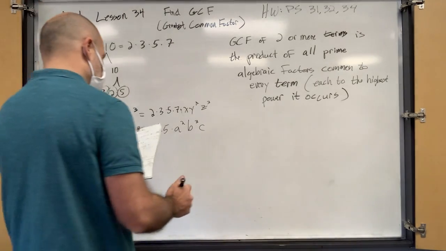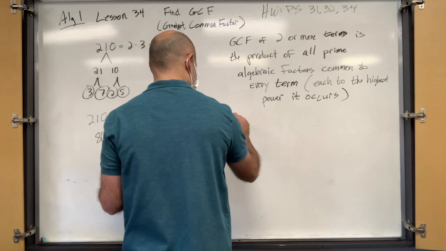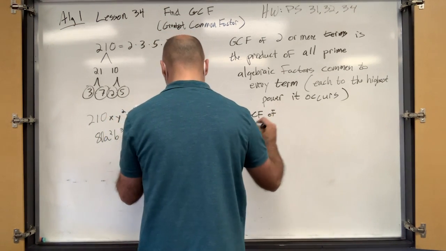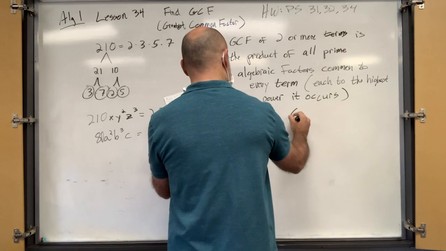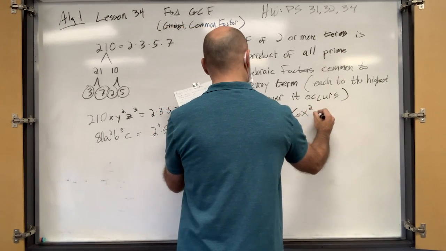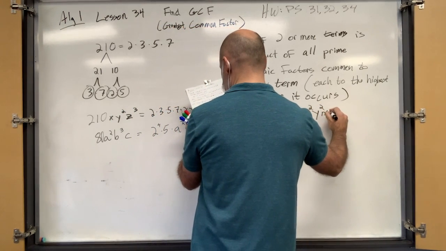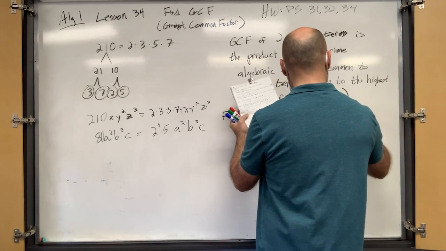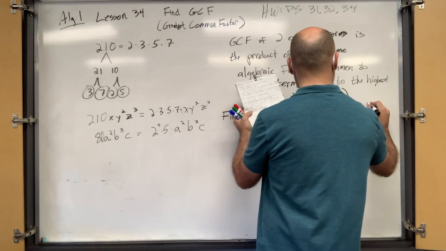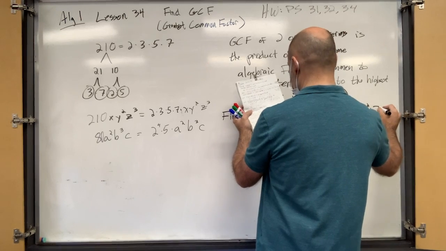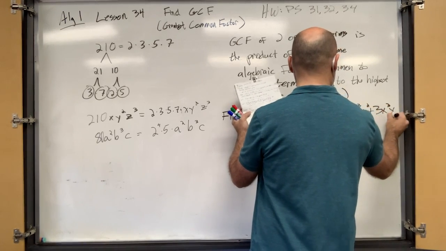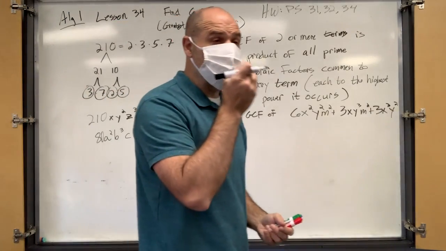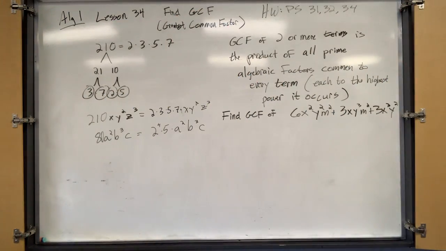So if I wanted to find GCF of these terms, 6x squared, y squared, m squared plus 3 xy cubed m squared plus 3 x cubed y squared. I want to know what all three of those terms have in common. Okay?